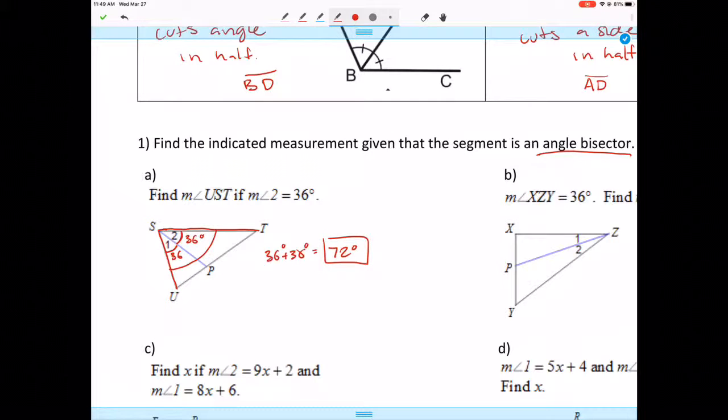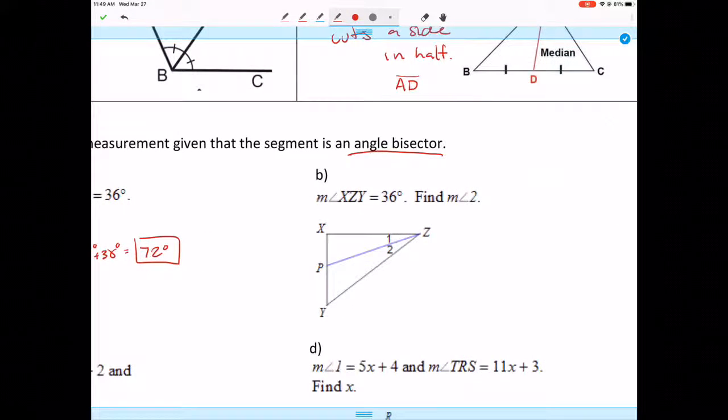All right, so just getting a little used to bisectors. They give you XZY. We know that this is 36. What is the measure of 2? So we just cut 36 in half, which is 18 degrees.